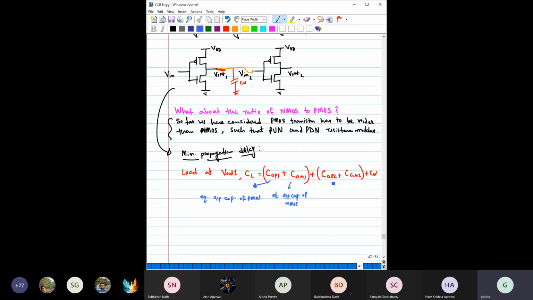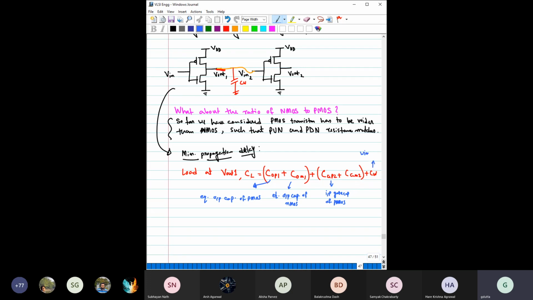What is CGP2? This is the total input gate capacitance of this PMOS. Similarly, I'm not writing here, this is the input gate cap of this NMOS.